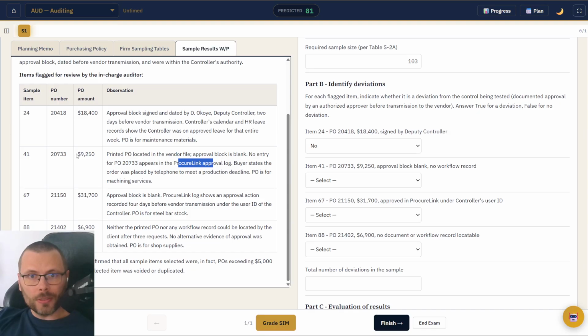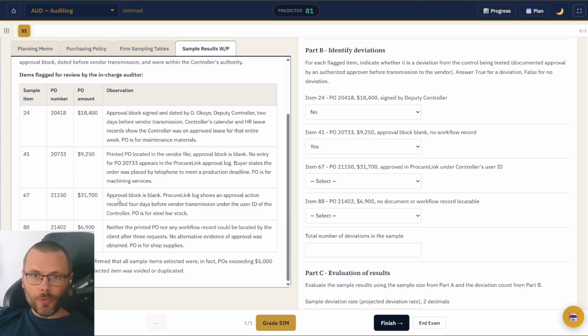I don't care about whether it was below their limit or not. This was above 5,000, so it needed to go through the PO process one of 2 ways: either a wet ink signature or the Procure Link. So this is a yes. This is a deviation.